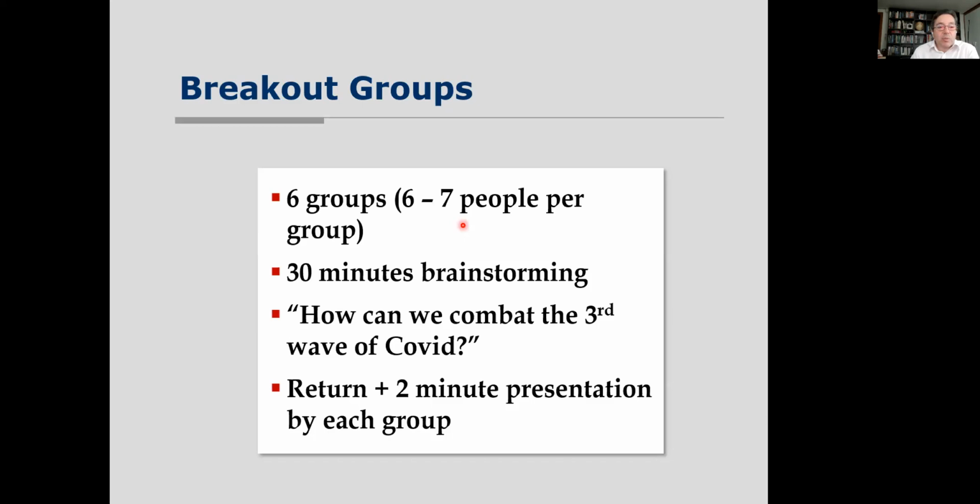I will create breakout groups here, and you'll do 20 minutes of brainstorming. We'll start at 11:15 and end around 11:35. The question will be, how can we combat the third wave of COVID? Then each group will come back and do a 2-minute presentation summarizing your ideas.